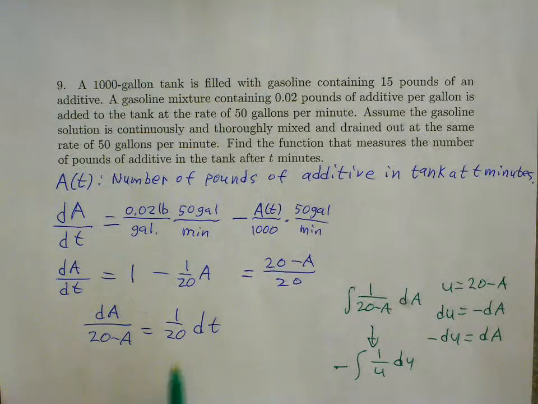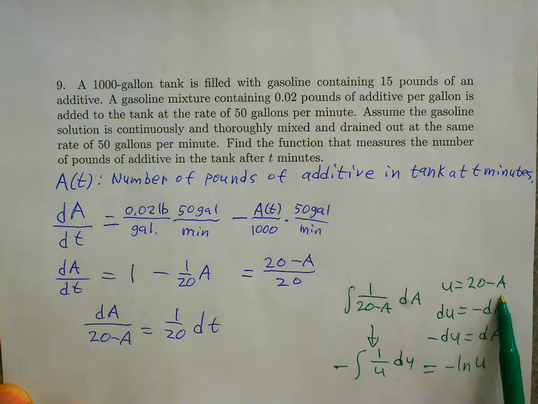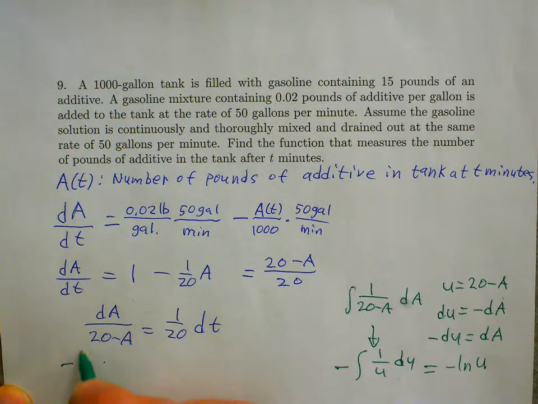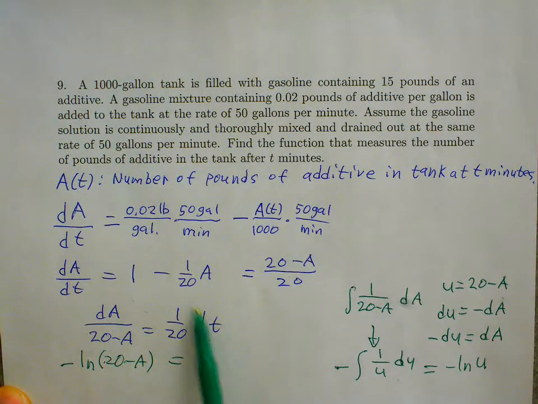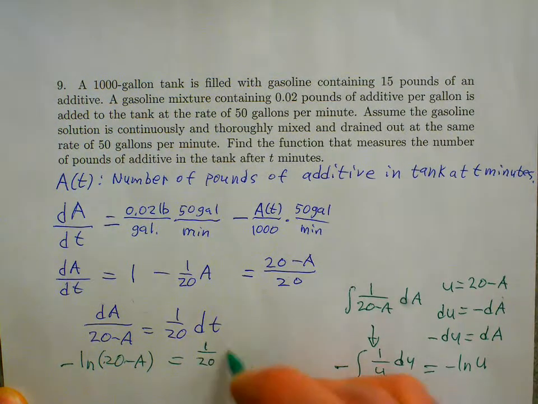Okay, so when we compute the antiderivative of this, the antiderivative is negative natural log of u, but since u is 20 minus A, here we'll write negative natural log of 20 minus A. And then an antiderivative of 1/20 with respect to t is 1/20th t, and then plus a constant.